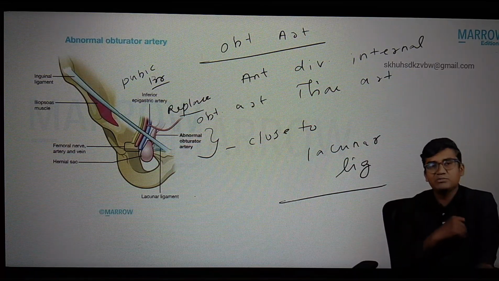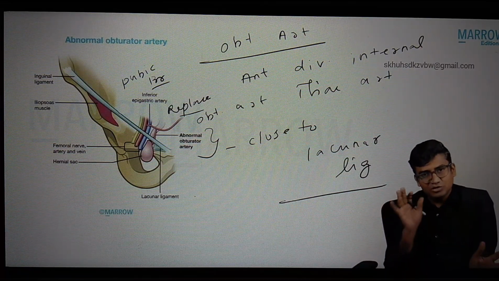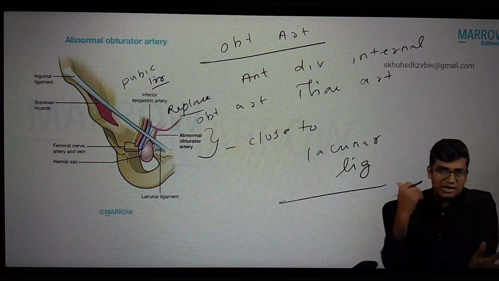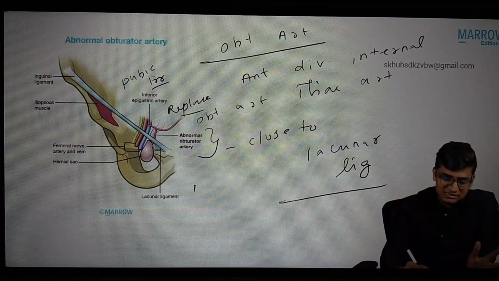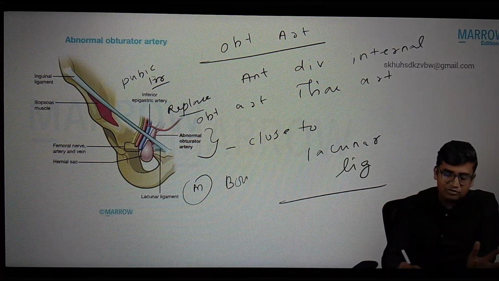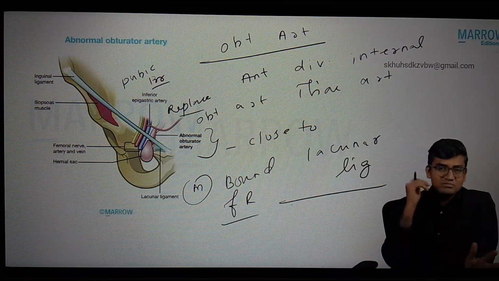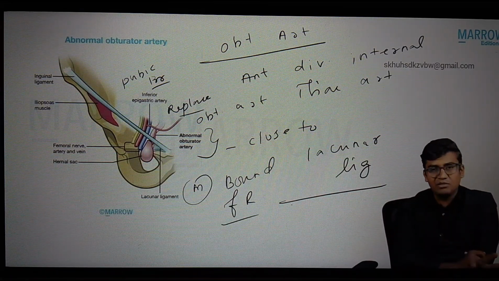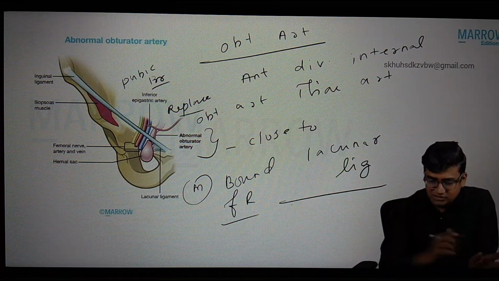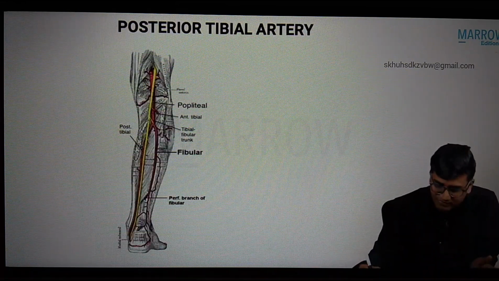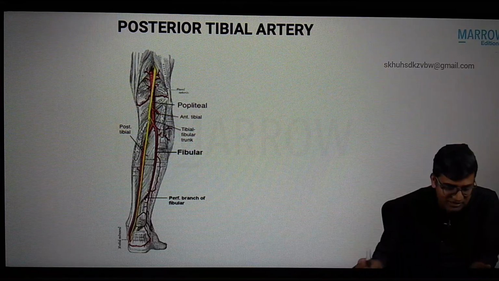That is why this is very important. During femoral hernia repair the surgeon may mistakenly damage the abnormal obturator artery, which results in severe hemorrhage, right? Yes, that's all.